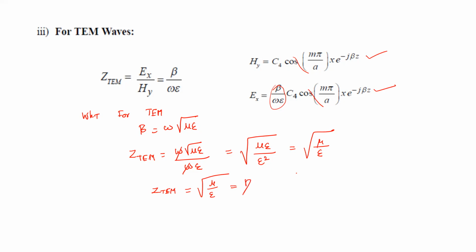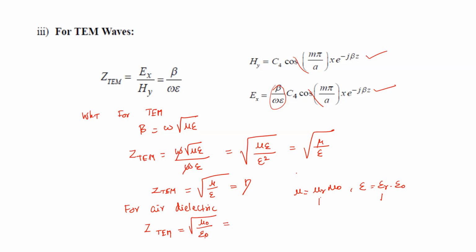So Z, the characteristic wave impedance for TEM waves, is root of mu by epsilon, which is nothing but eta, the characteristic wave impedance. Now, if we consider air as the dielectric, we know that mu is mu r into mu naught, and likewise epsilon is epsilon r into epsilon naught. If air is the dielectric, mu r and epsilon r will be 1. So we get Z TEM, the characteristic impedance for TEM, as root of mu naught divided by epsilon naught.